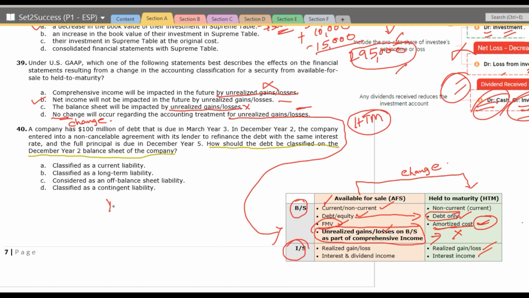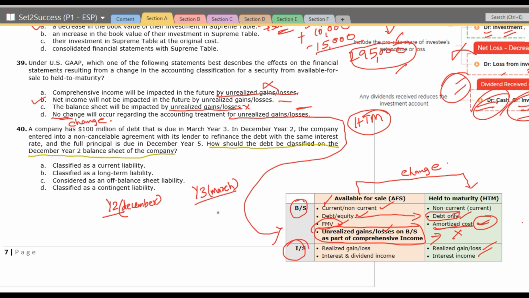So year 2, December, and we have a debt that is coming due in year 3, that is March. So in December year 2, the debt is current.